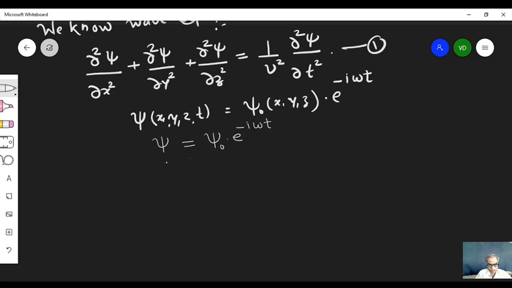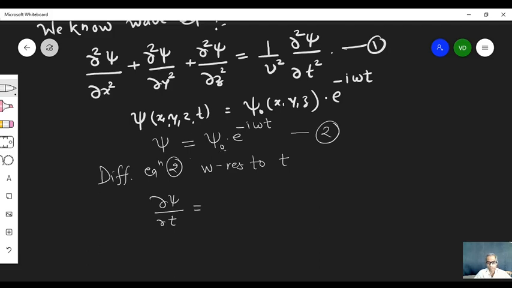Differentiating this equation 2 with respect to time, this is the first order derivative right now. So we get del psi by del t, and that is equal to, now psi 0 is not a function of t, so we can take psi 0 as constant with respect to time. Remember, with respect to time it will be constant, and then we write del by del t of exponential minus i omega t.